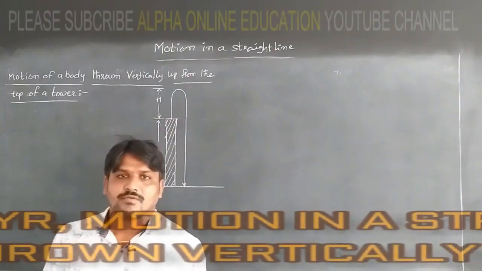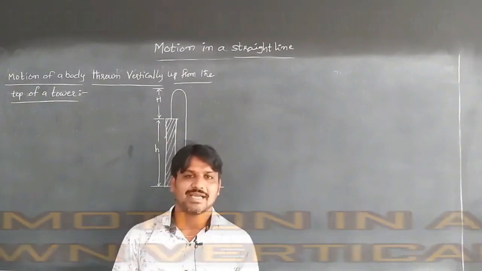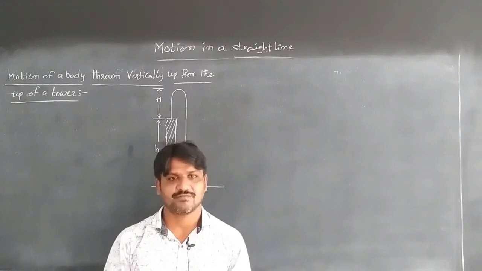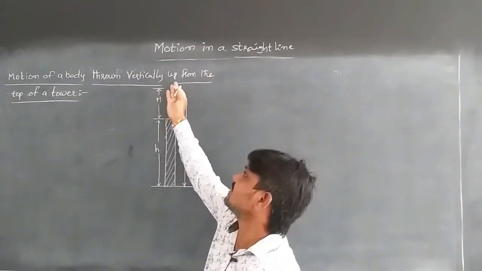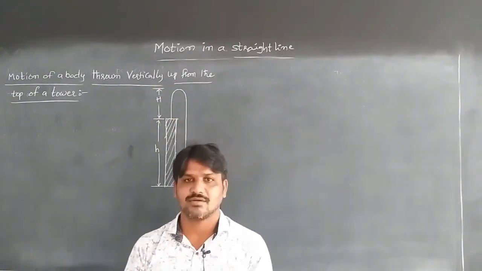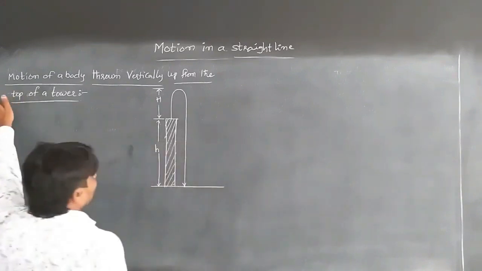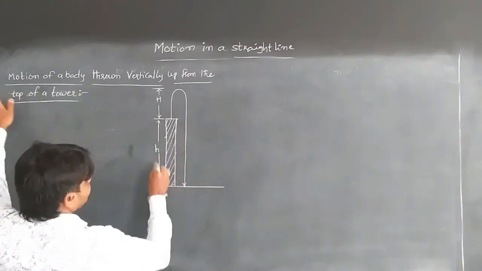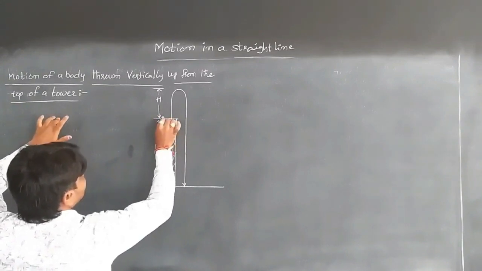When a body is projected from a certain height, or from the top of a tower, then in the motion of a body thrown vertically up from the top of a tower, we can find out the distance. Take a tower of height h, AB.